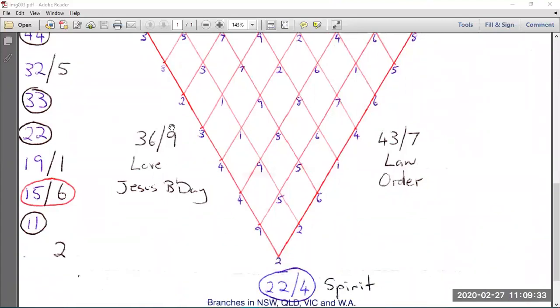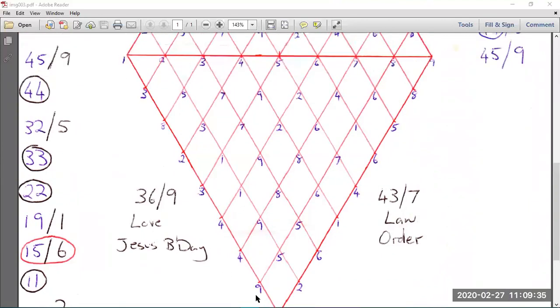Now, these numbers down this side of the pyramid add up to 36 and 9. And of course, we all know about Tesla and Tesla's 3s, 6s, and 9s, and how he has expressed the importance and the power of these numbers of the triune. Everything's in 3s, like left, center, right, up, center, down, the past, present, future.